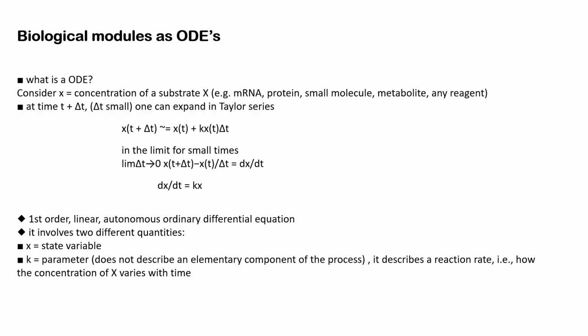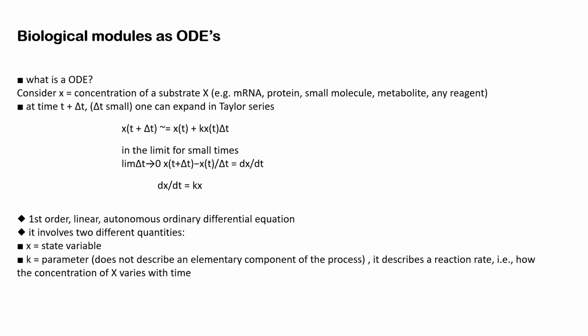Okay, moving on. The first thing is how we write ODEs in the case of biological systems. Say x is the concentration of a substrate, a compound X, which can be an mRNA, a protein, or a small molecule metabolite, anything.